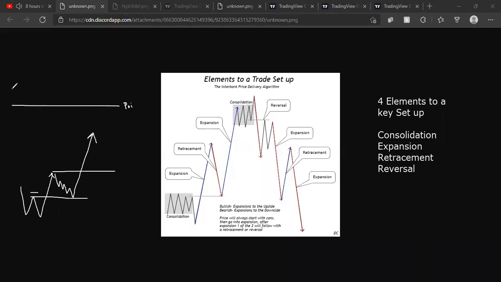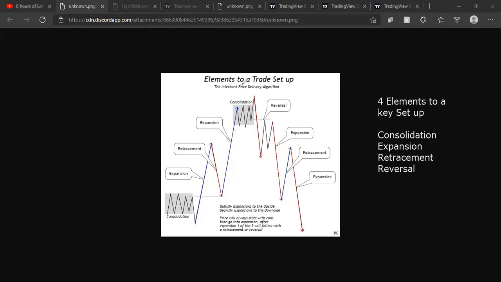So if our higher time frame is bearish and our lower time frame just switched to bullish, now we know that we're in a bullish retracement back into this higher time frame point of interest to possibly go bearish again.